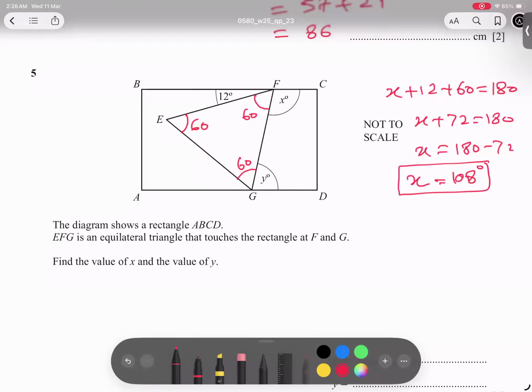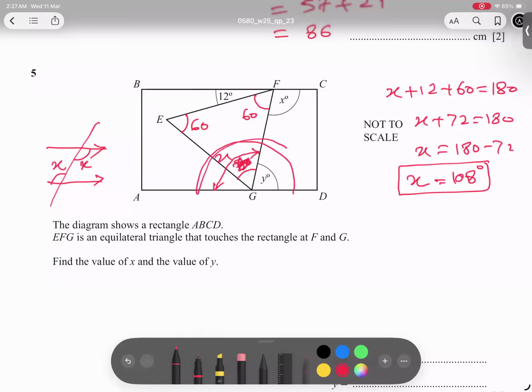Now looking for the Y. Interesting part, because we need to find this angle and we don't have it. But we can see the two lines are parallel, students, because it is a rectangle, this line and this line are parallel. And if a line cuts like this, if this is X, then this is also X. I don't care about 60.